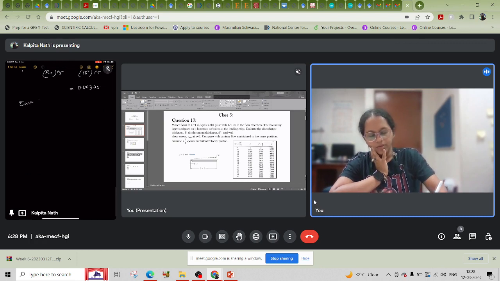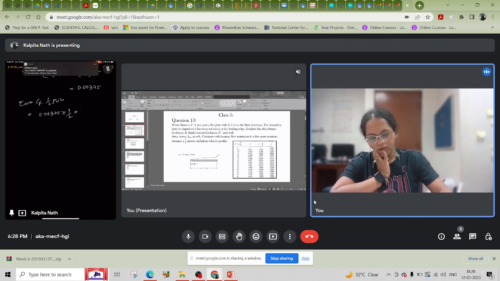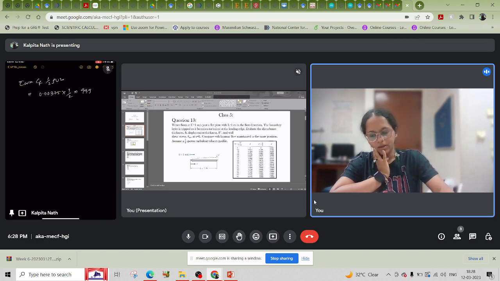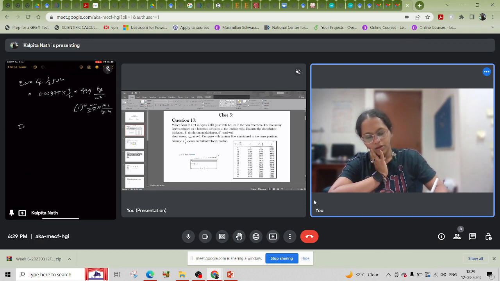From here tau w equals CF times half rho u squared, that is 0.00375 into 1 by 2 into 999 kg per meter cube, into 1 meter square per second square, into Newton second square per kg meter. So tau w is equal to 1.87 Newton per meter square.